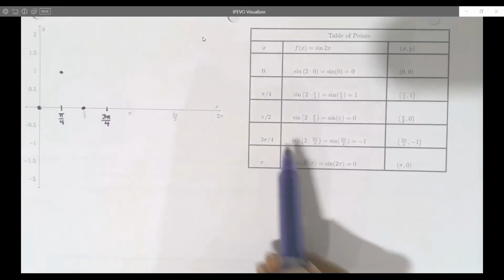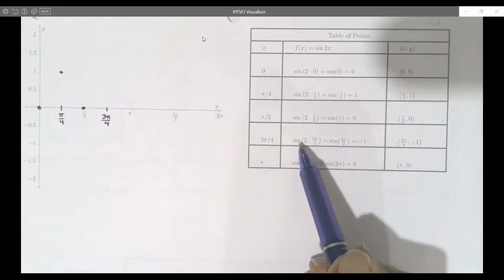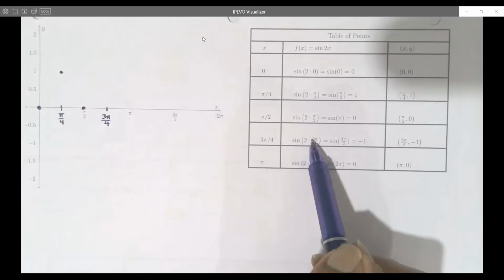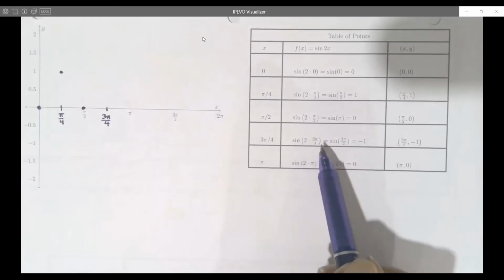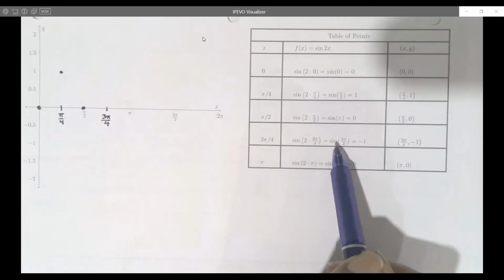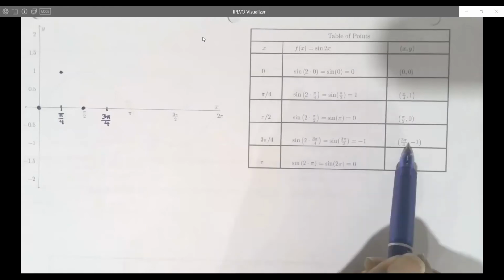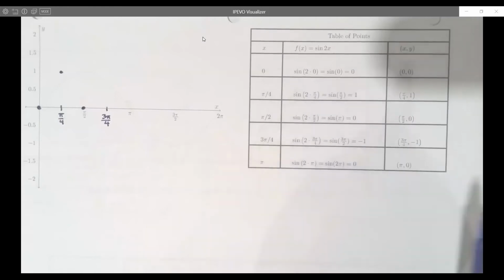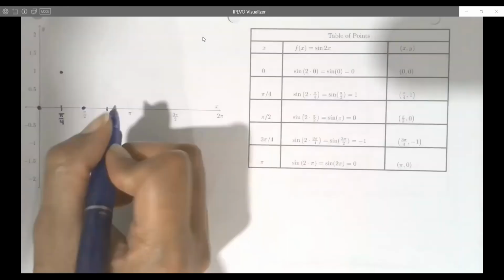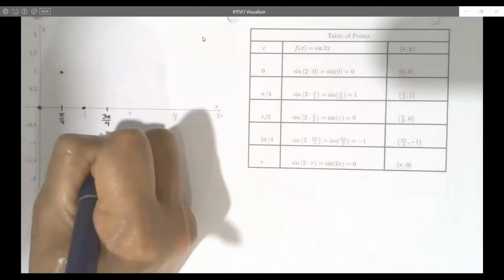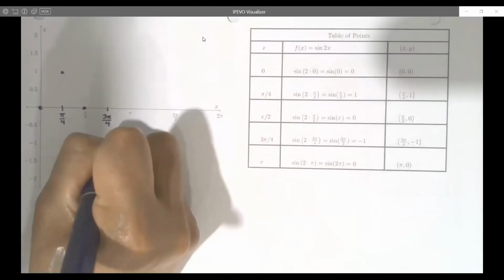Then 3 pi over 4, if we plug it in, we're going to get sine of 2 times 3 pi over 4. And the 2 and the 4 are going to cancel and reduce to a 2. So we get sine of 3 pi over 2, and sine of 3 pi over 2 is negative 1. So we have the point 3 pi over 4 comma negative 1, so that'll be down here.